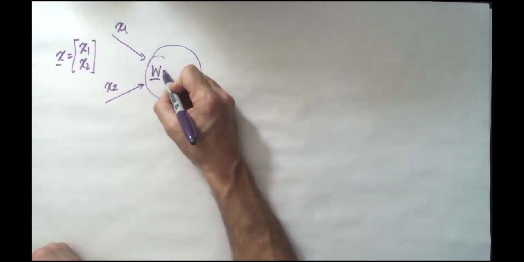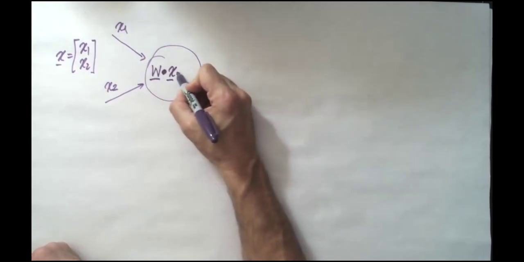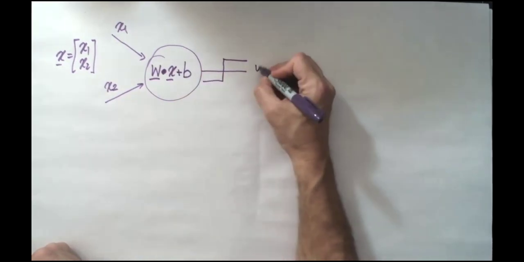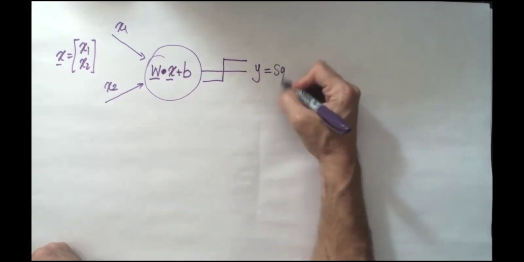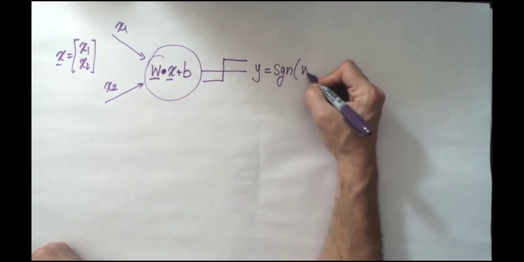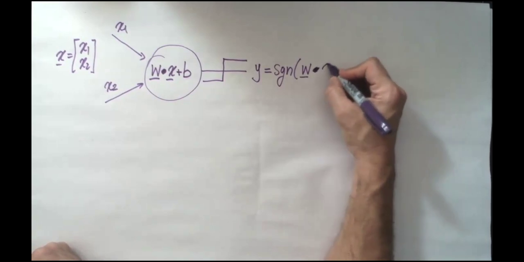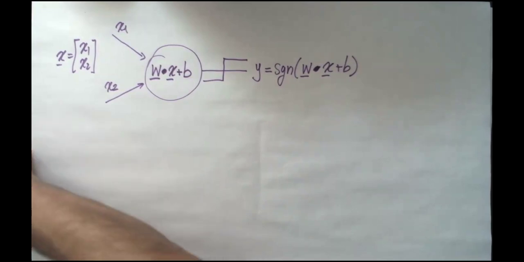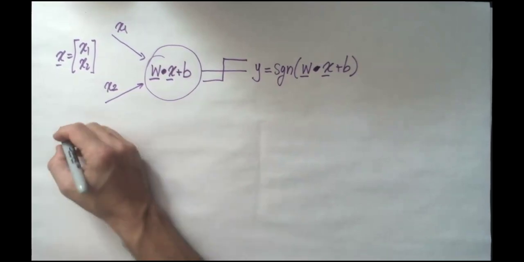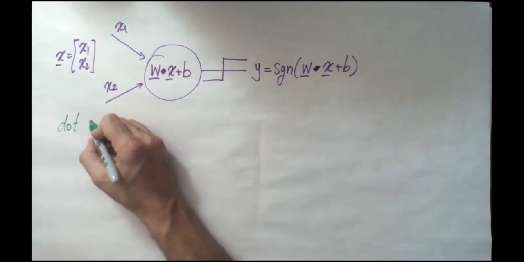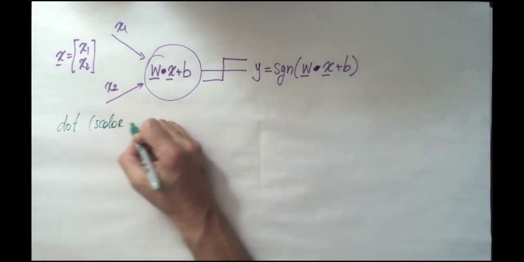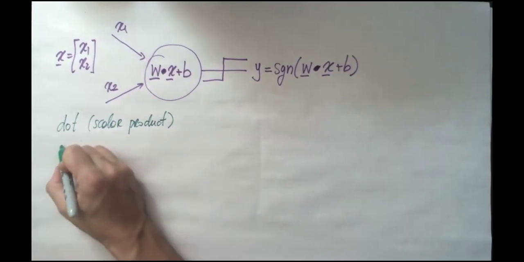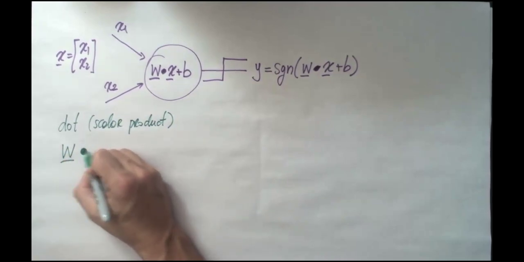Inside here, we do the dot product. And then through the activation function, the output will be just another binary scalar, omega x plus b. First of all, let me remind you what is the dot or scalar product between two vectors, w dot x.